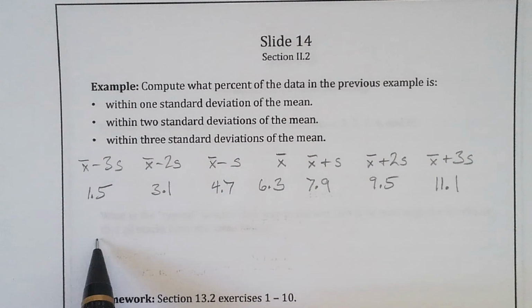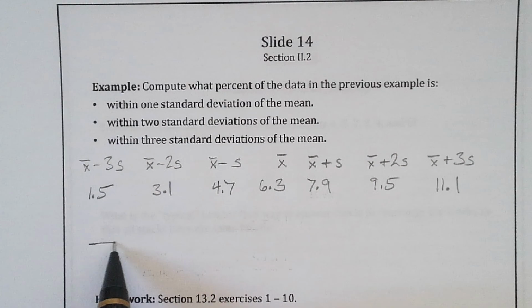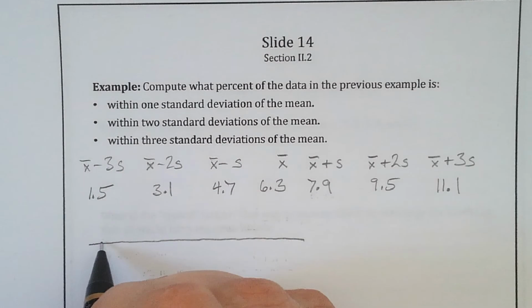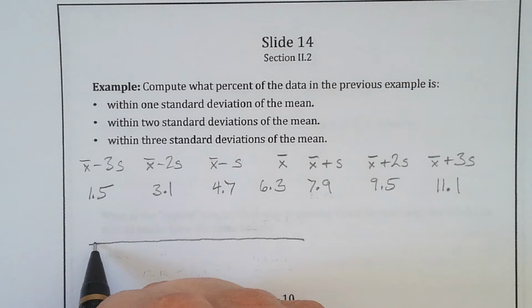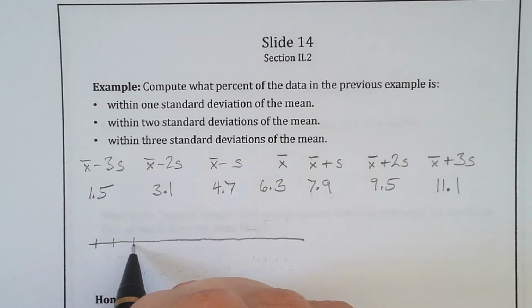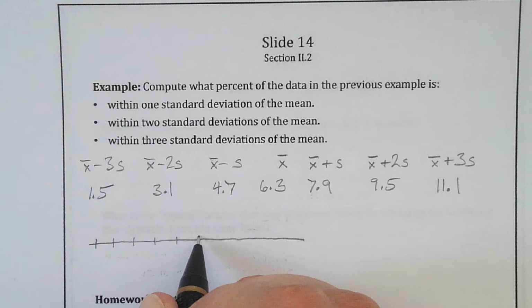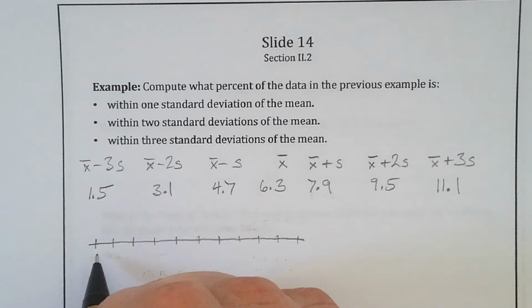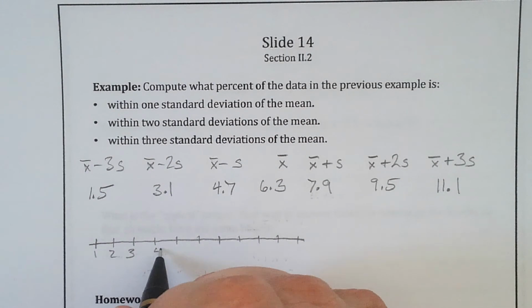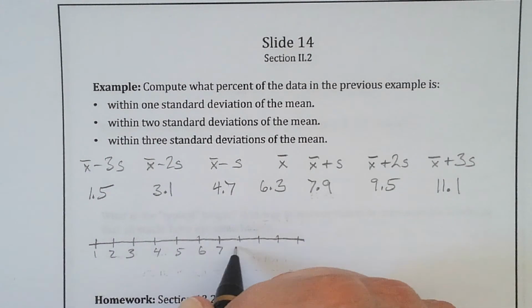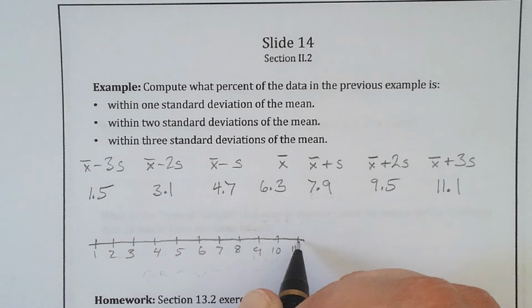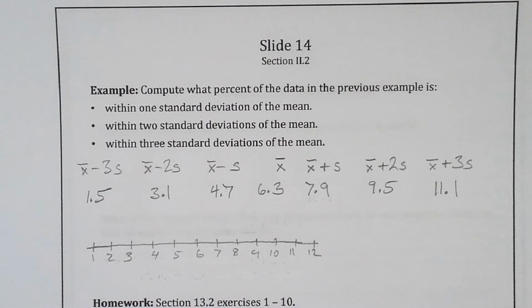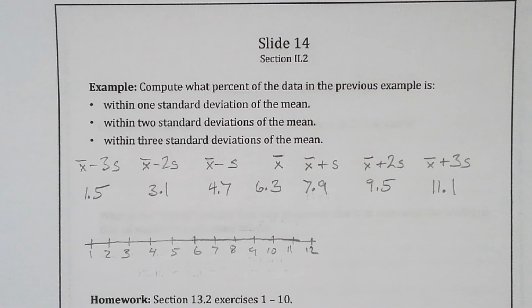Okay, so let's make a little dot plot. I'll make it go from 1 to 12 so that we include everything here. And let's see our data.